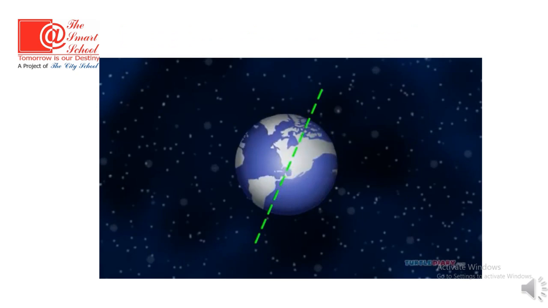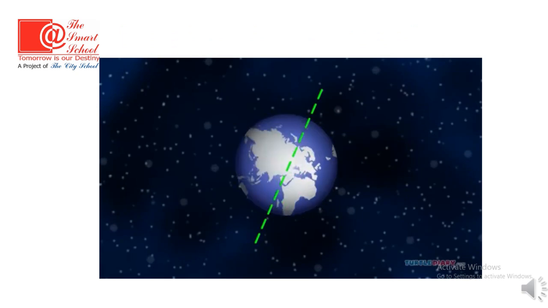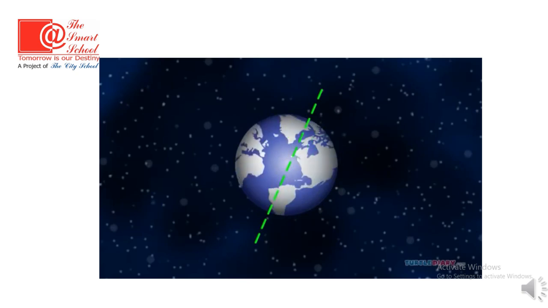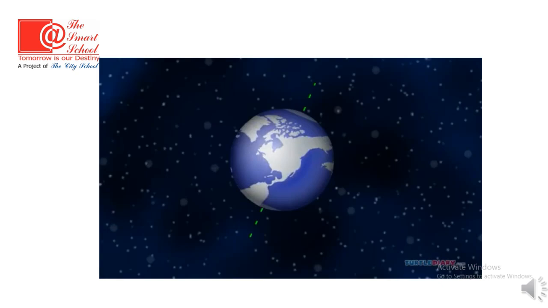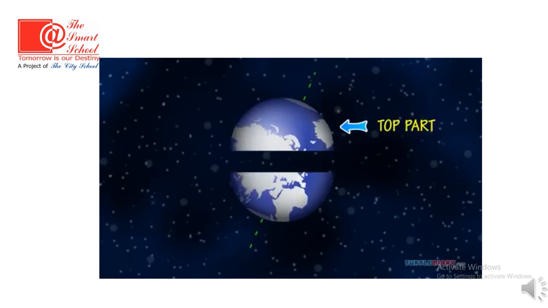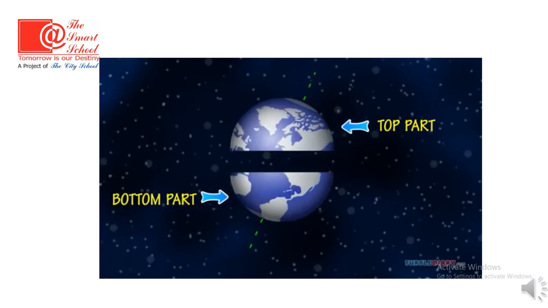The axis is not straight up and down. The Earth tilts a little as it spins. This tilting is very important. It's the reason we have seasons. We can think of the Earth as being in two parts, the top part and the bottom part.